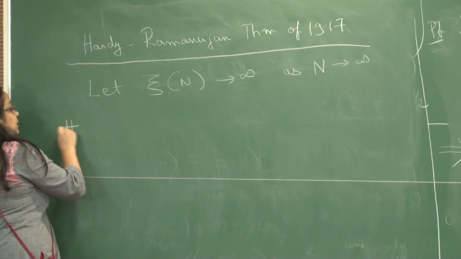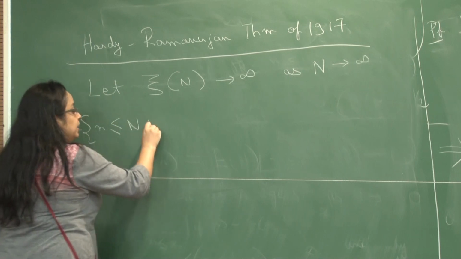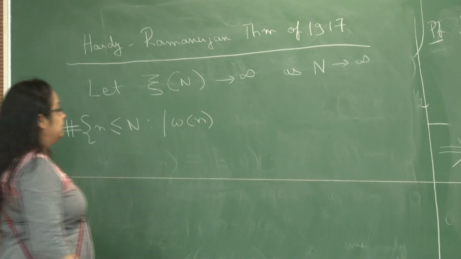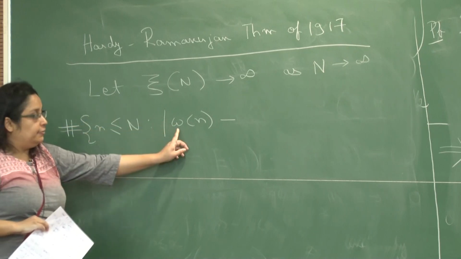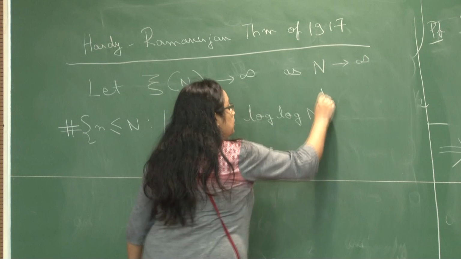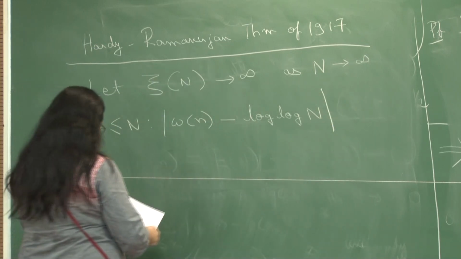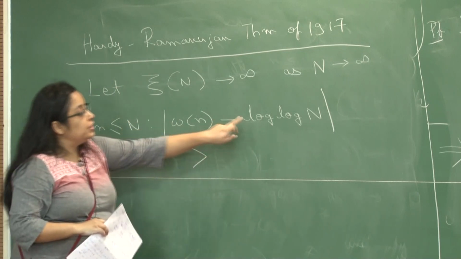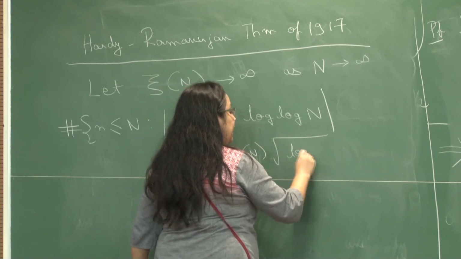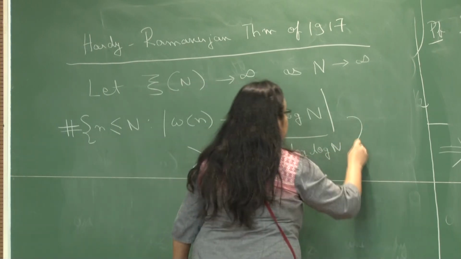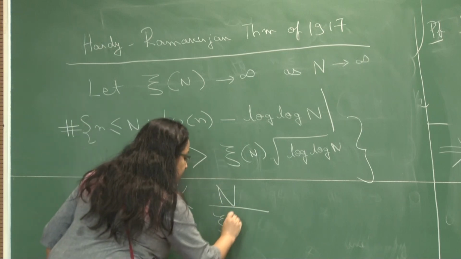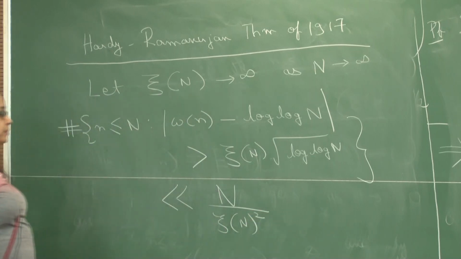The number of n less than or equal to capital N for which omega of little n, that is the number of distinct prime divisors of little n, minus E of this function, which we had seen asymptotically is log n, the claim is that the number of little n for which this is greater than xi of n over root of log n is very small, is in fact less than N over xi of n whole square. Okay.